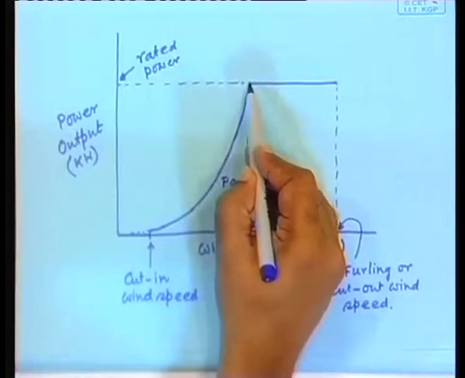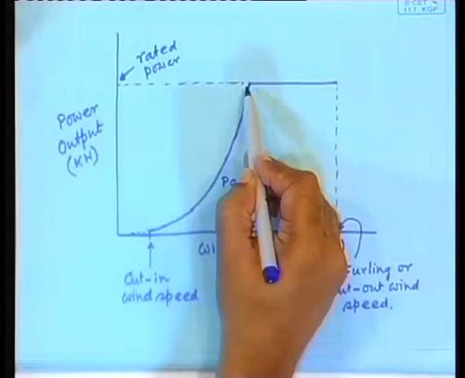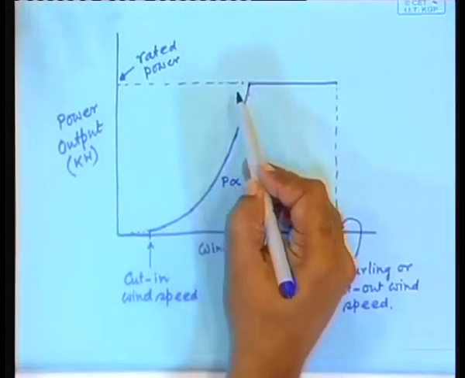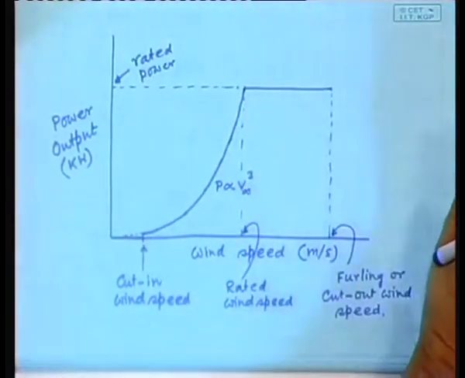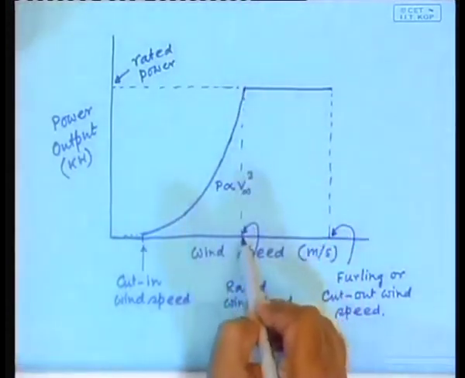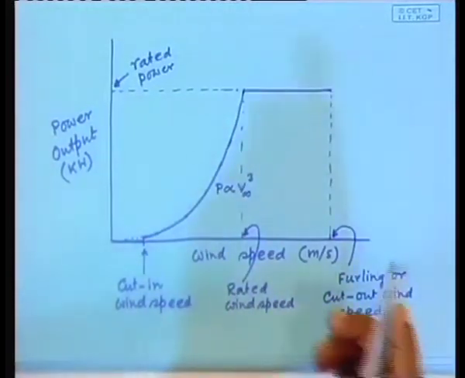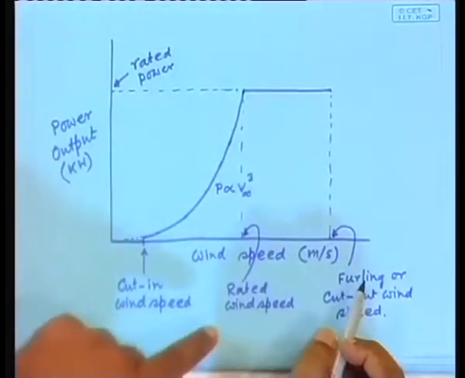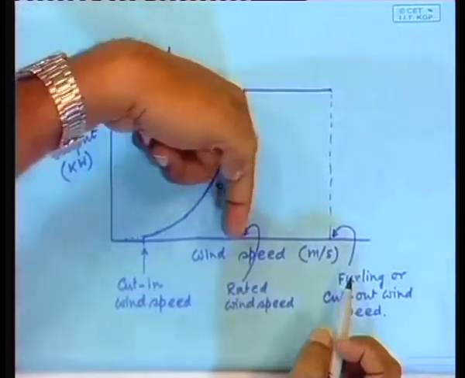At this point, you will find that this is still working at the maximum power level, at the maximum efficiency, maximum CP, power coefficient, and it is producing its maximum possible power output. So, this is the optimal operating point of the turbine here. So, that is the rated wind speed.